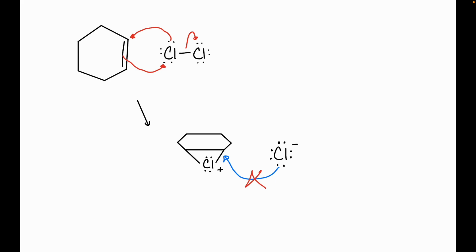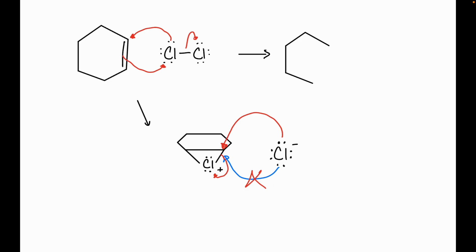All right? So instead, the only way for that new chlorine to be added to this ring here is to add to the opposite side, to attack the carbon from the back side. All right, the side where the triangle has not been formed. Okay, and again, this bond will break onto that carbon. So because of that, I have one chlorine on one side and one chlorine on the other side.